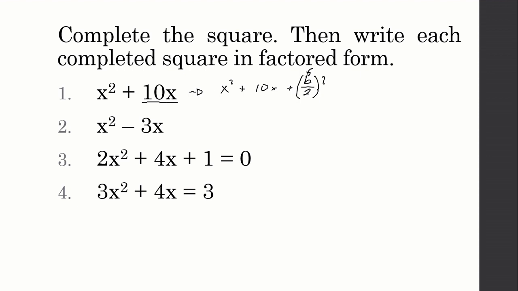So now we will just substitute 10 to b. So this will be x squared plus 10x plus 10 over 2 squared. So the answer here is, so still this will be 0 plus 10 over 2 squared.